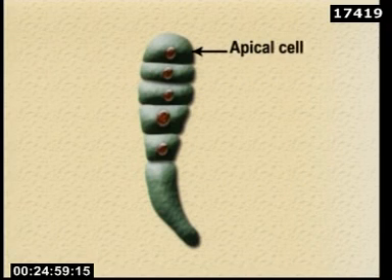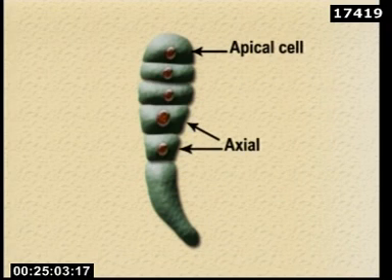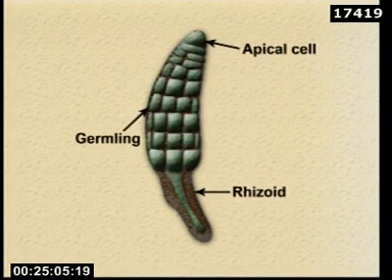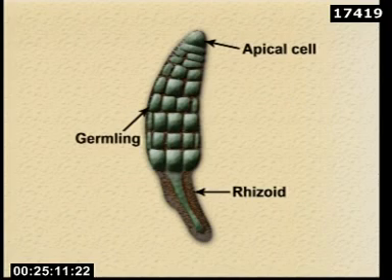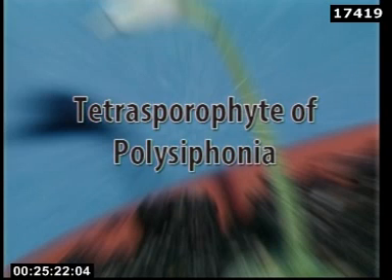These segments elongate and become the axial cells constituting the central siphon. The lower axial cells divide by vertical walls to cut off the pericentral cells. In this way, an independent sporophytic plant called the Tetrasporophyte of Polysiphonia is formed. It is the third individual in the life cycle of Polysiphonia.